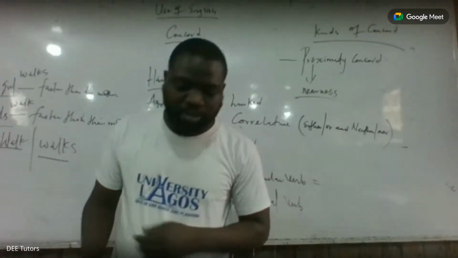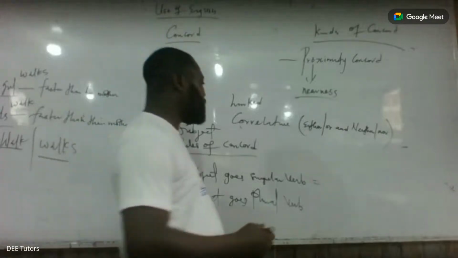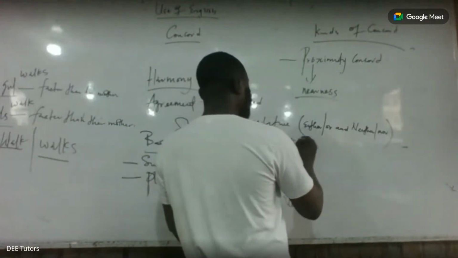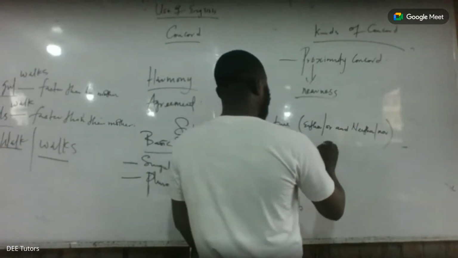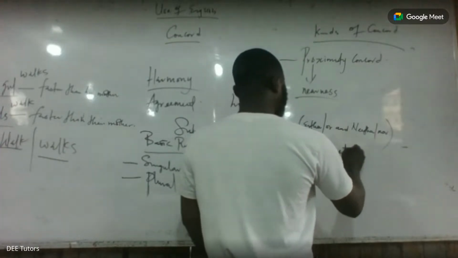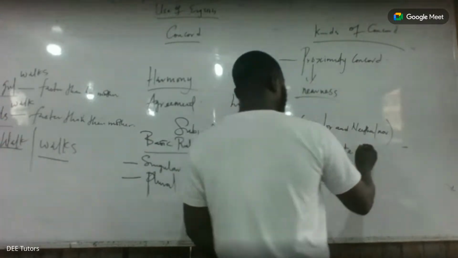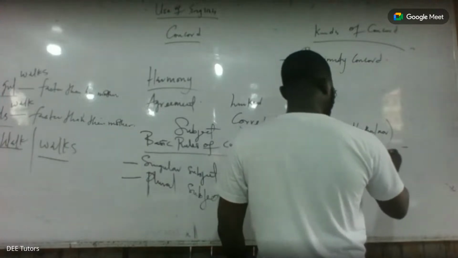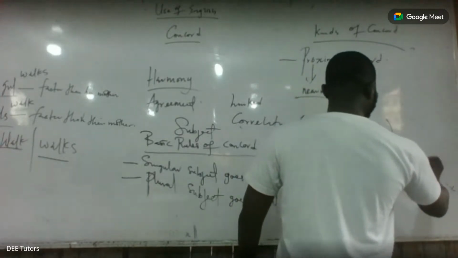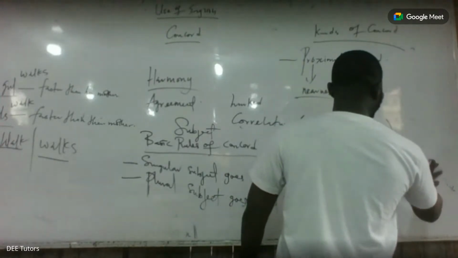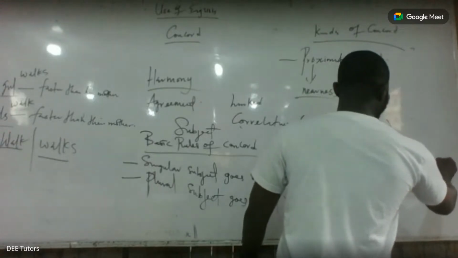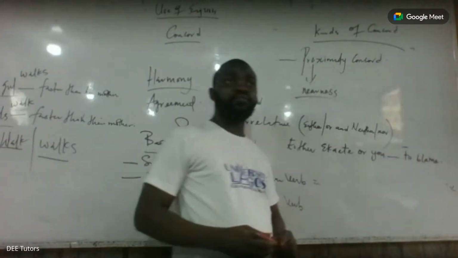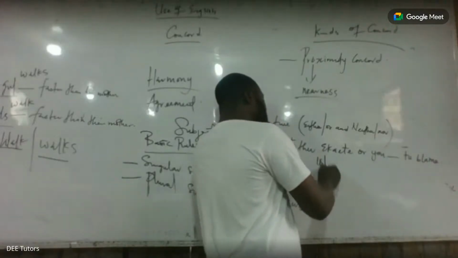This is a JAMB past question. We have: either a kite or you dash to blame. Now, the option is between is/are.